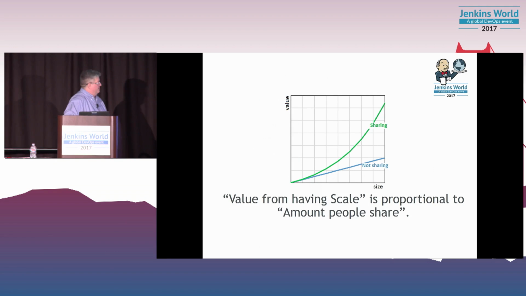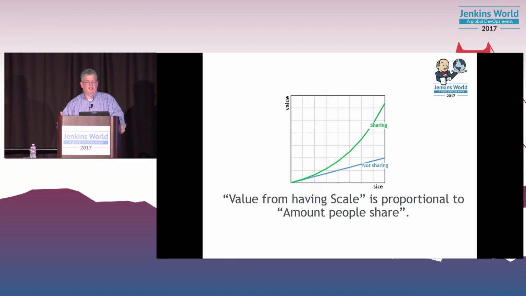The way we do this is by sharing, and we believe that sharing is directly proportional to our ability to scale. What I mean by this is, if we look at the blue line, we have the not sharing line. In this case, I could have 2 developers producing X quantity of bug fixes, issues, etc. If I wanted to double that, I could easily put 4 people on that and double it out.